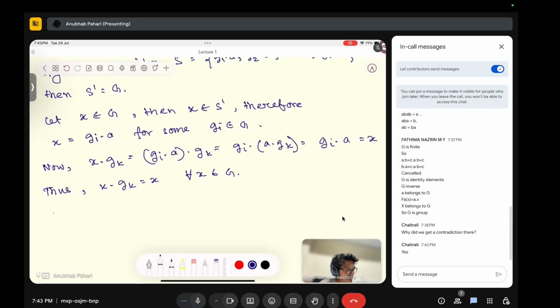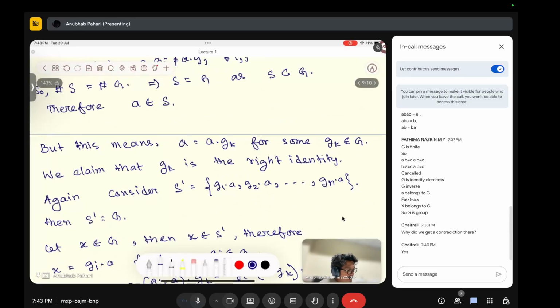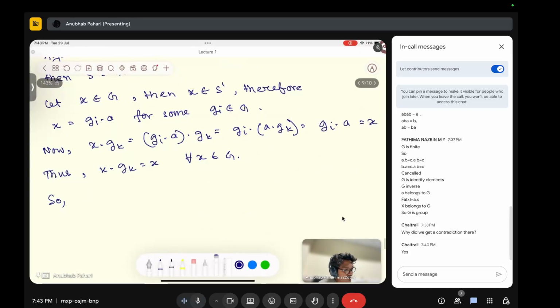So our claim is true. So Gk is a right identity.